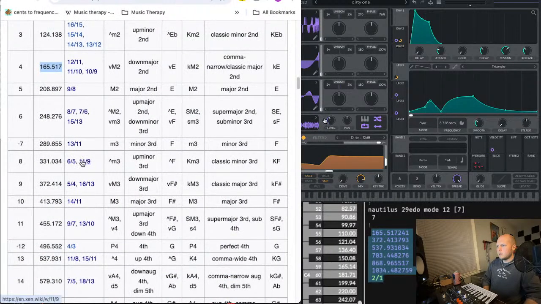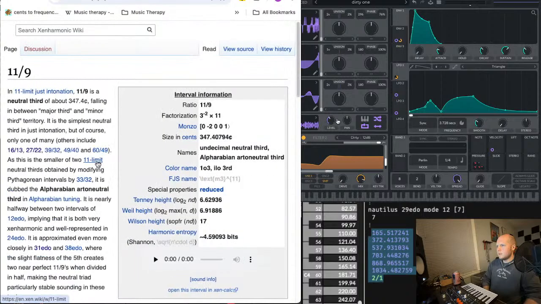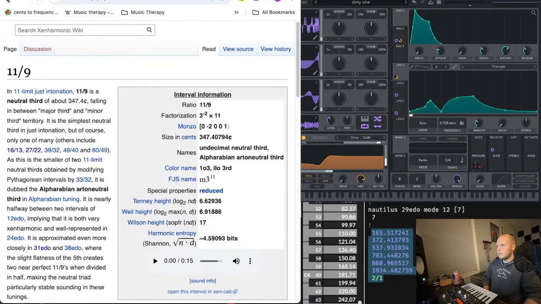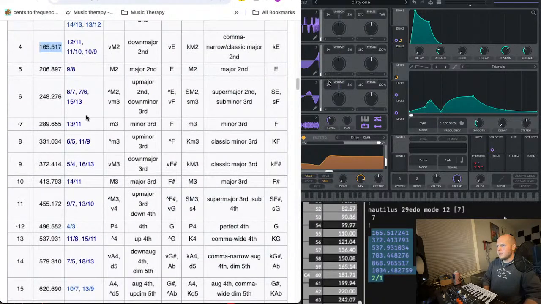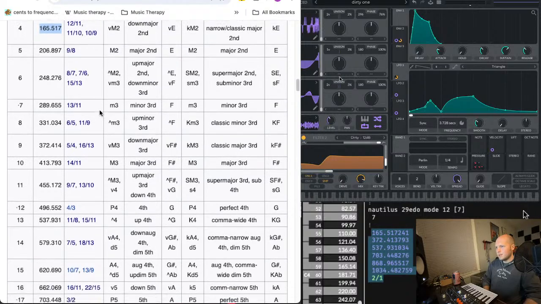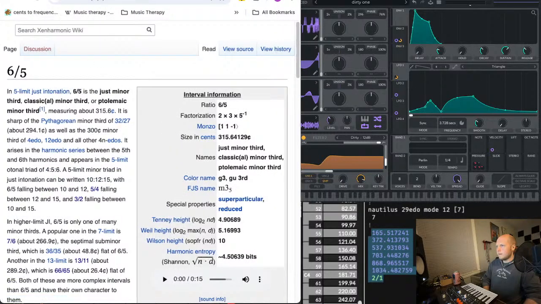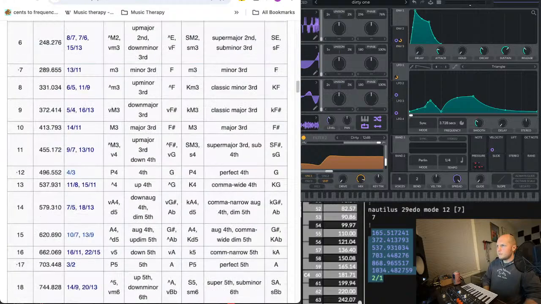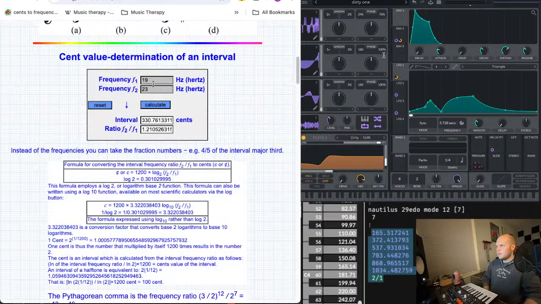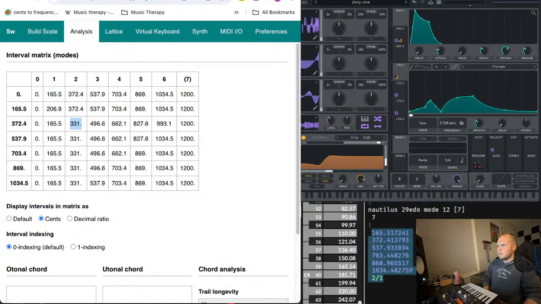The two are almost exactly the same. So no, this is not close. That's 347. I mean, it's close, but not as close. I mean, that's 315. So yeah, 23/19. This is pretty much that. It's a cool sounding interval, and we have a few of them.